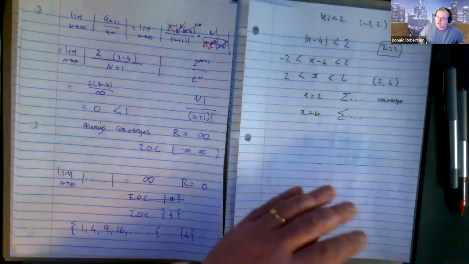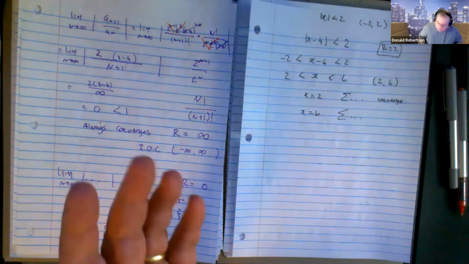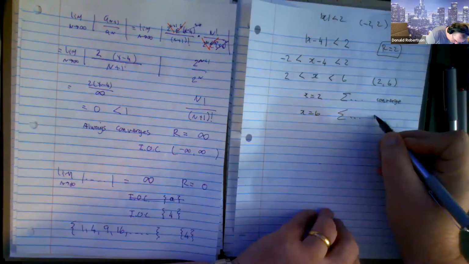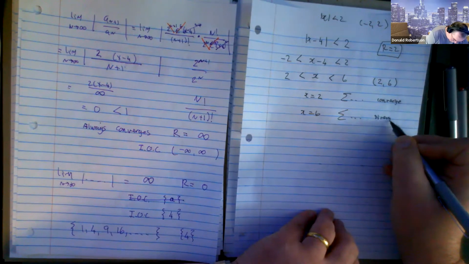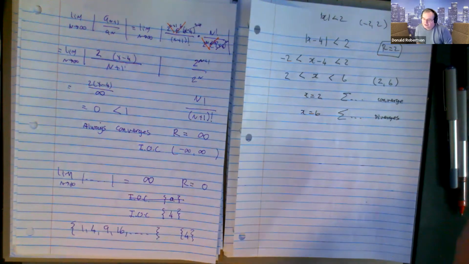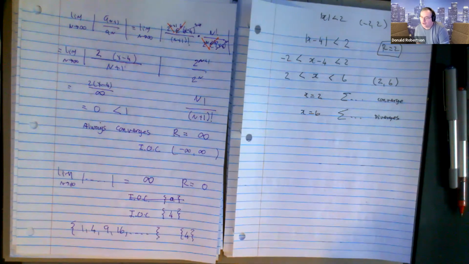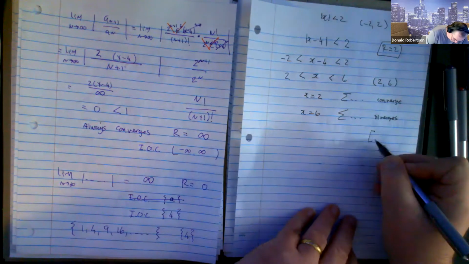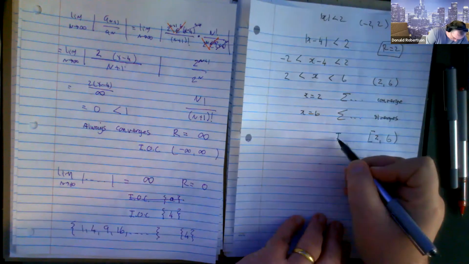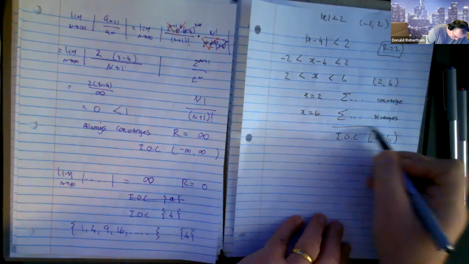It might converge because it's a p series or something, right? Or an alternating series, right? But whatever it is, it converges. But that doesn't mean that everybody converges. Couldn't the other one diverge, right? Right, one of them's an alternating series and it makes it, and the other is 1 over n and it doesn't make it. So when that happens, you put a square bracket on this side and a curved on the other, and that is the final interval of convergence.